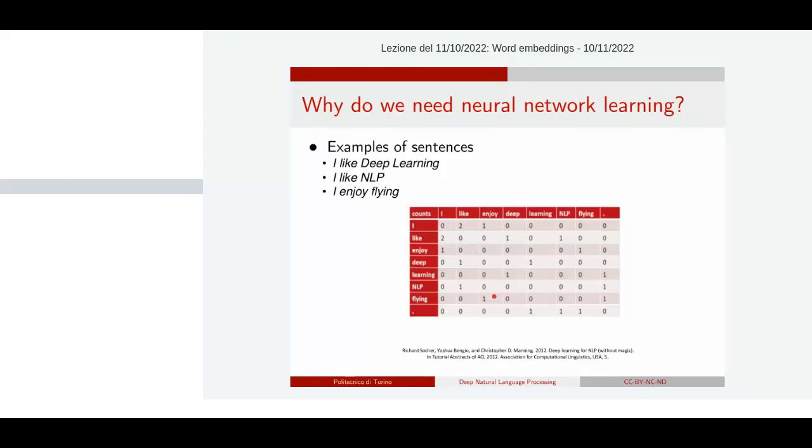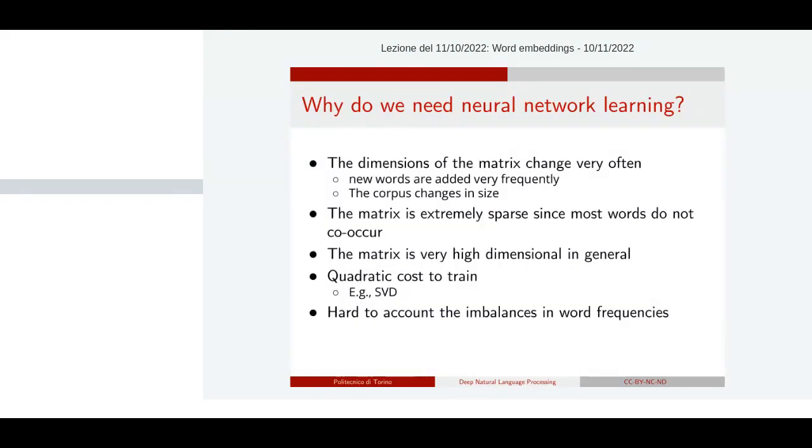These numbers, which reflect the co-occurrence within a given contextual window, the number of times they co-occur, change whenever you add new documents or new pieces of text. When you add a new word, you have to change your model again. And then the matrix is not dense, because you have frequencies which are not capable of building a dense representation of data, which is more suitable for neural network training. So this kind of representation is neither effective nor efficient.